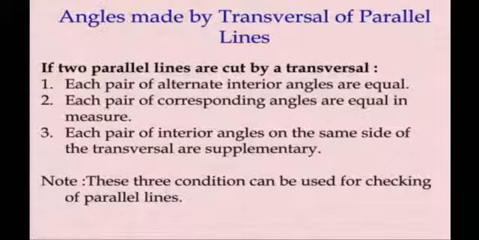Each pair of corresponding angles are equal in measure. 3. Each pair of interior angles on the same side of the transversal are supplementary. Note, these three conditions can be used for checking of parallel lines.